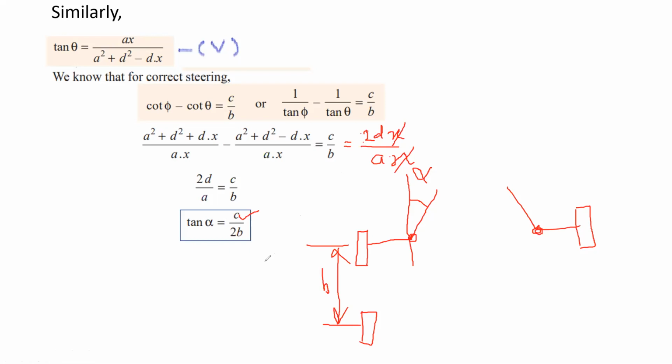That's why wear will take place, and due to wear it will lose its accuracy. After that period, it will not satisfy the condition of correct steering. That's why it is not in common use. Getting this, you note down this equation for the Davis gear mechanism.